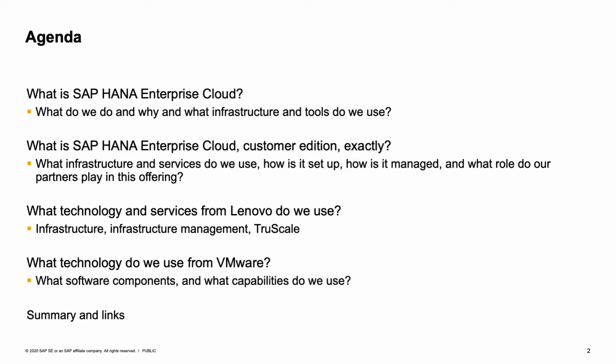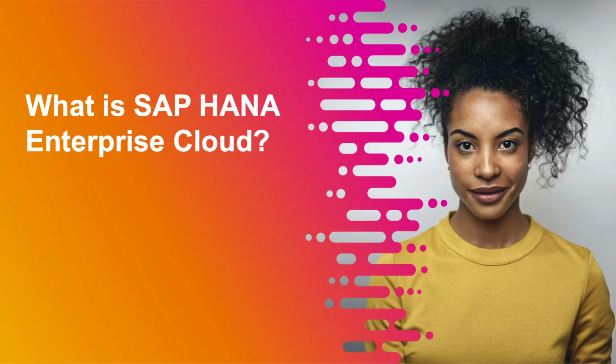The objective being to introduce you to what the HANA Enterprise Cloud currently is and how the HANA Enterprise Cloud Customer Edition has evolved from this, and the differences that the Customer Edition has in how the normal HANA Enterprise Cloud works. And once we've done that, we will transition into the services that we use from Lenovo and the services that we use from VMware to realize this.